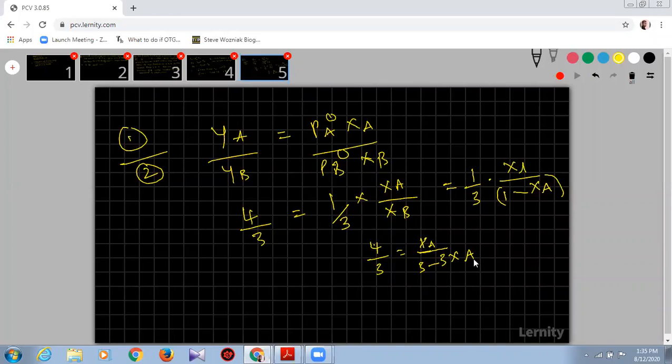Now XA is equal to, what do we get here? 4 by 5 we will get. Then XB is equal to 1 by 5.